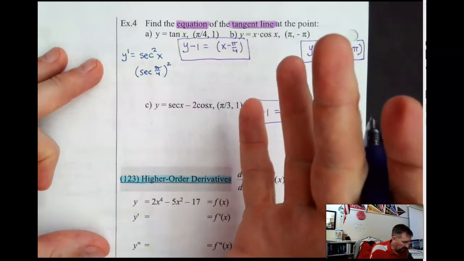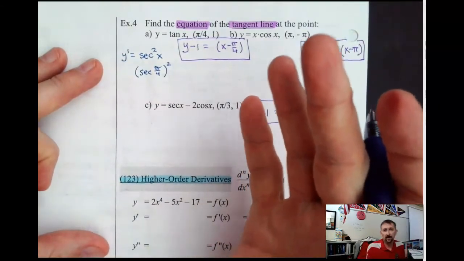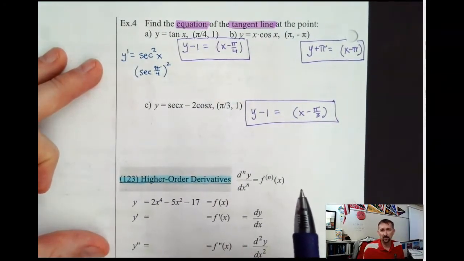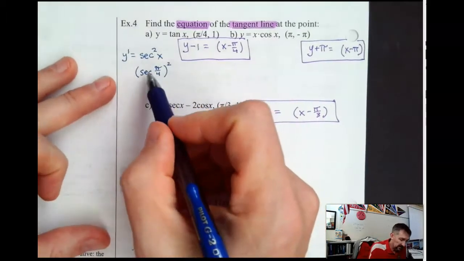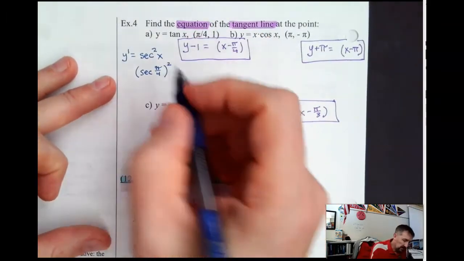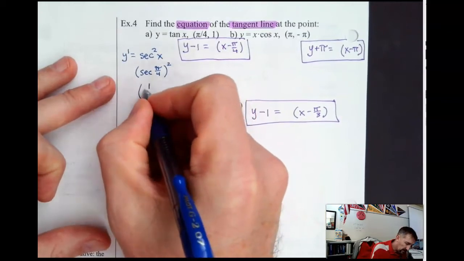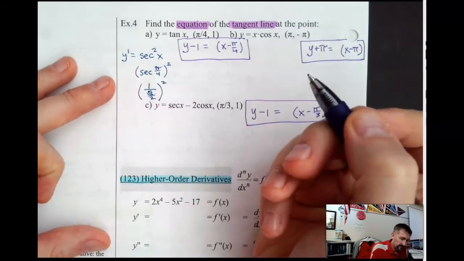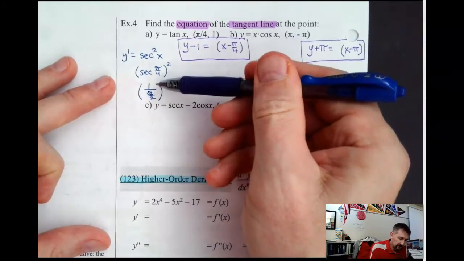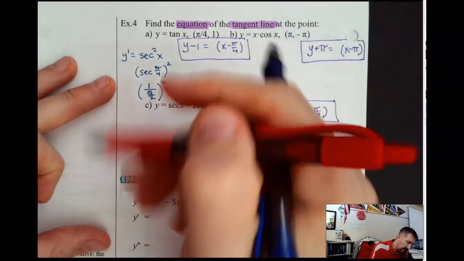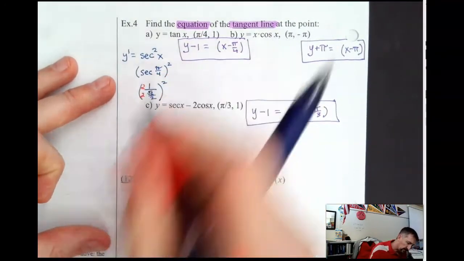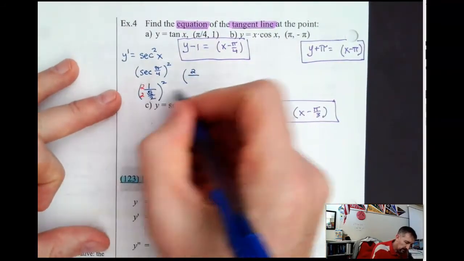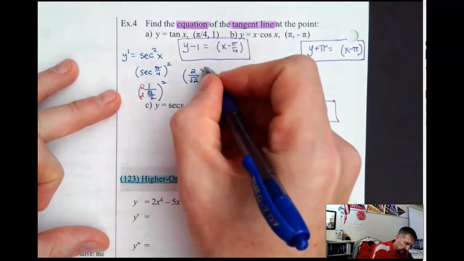Now, pi over 4, you should be able to do off of a 45-degree angle. Pi over 4 is 45 degrees, so that's root 2 over 2. But secant is 1 over cosine. So that's going to be 1 over root 2 over 2 squared. So if this is a complex fraction, if we multiply that by 2 over 2, that's going to give us 2 over root 2 squared.